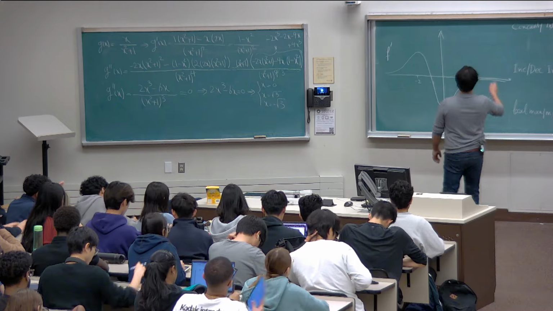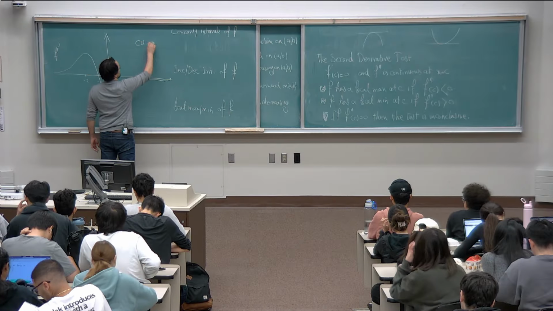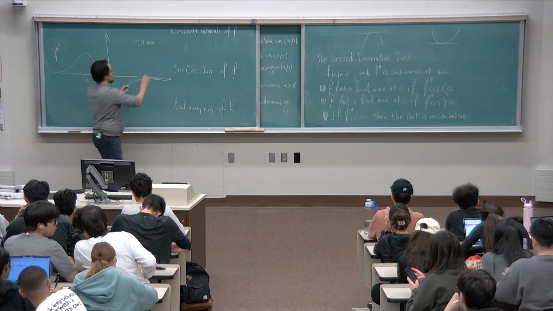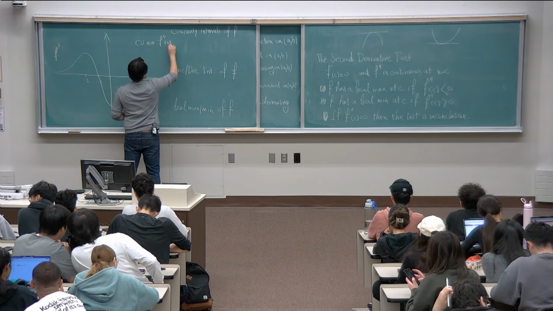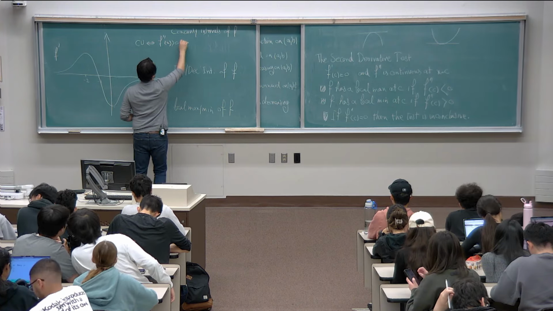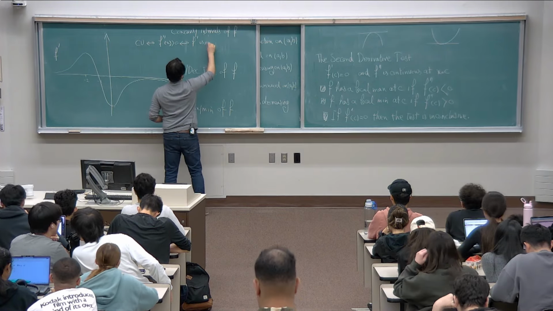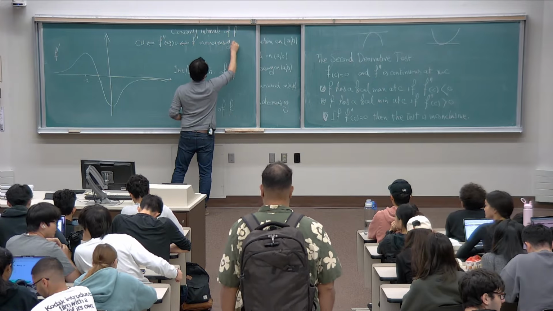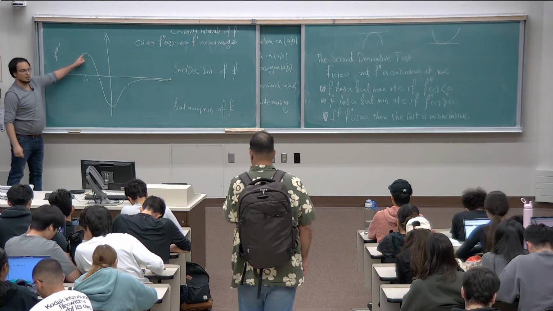Concave up means f double prime is positive, but that is equivalent to saying that f prime is increasing, because f double prime is the first derivative of f prime. So we have to find where this is increasing.